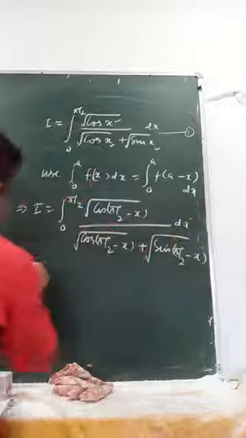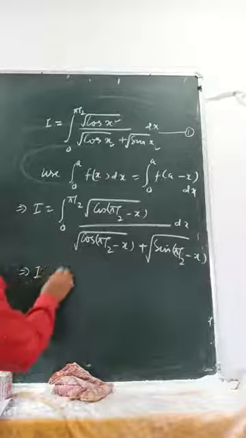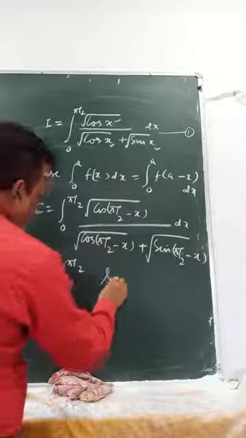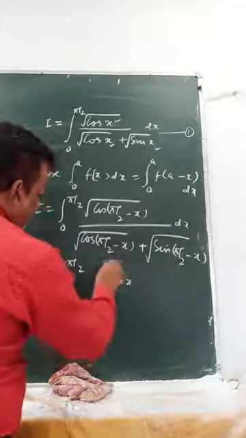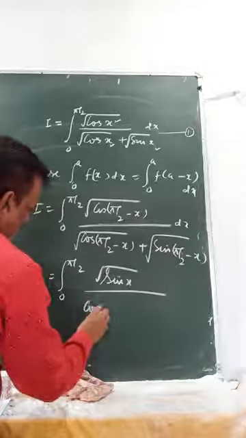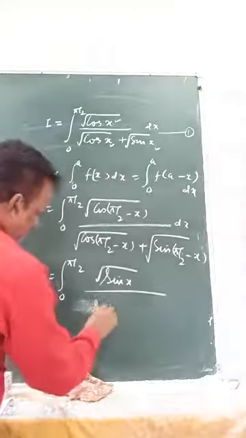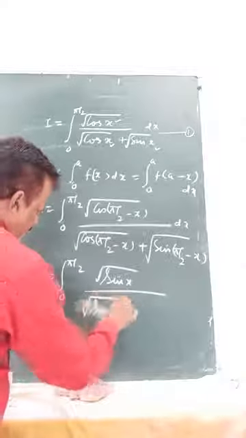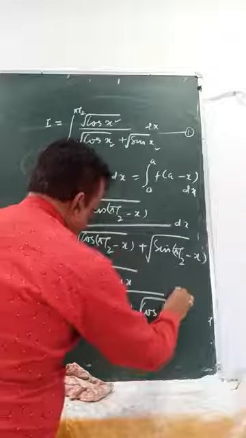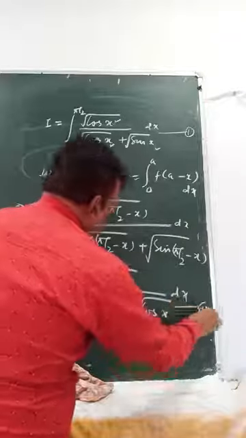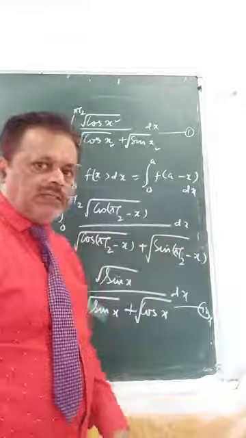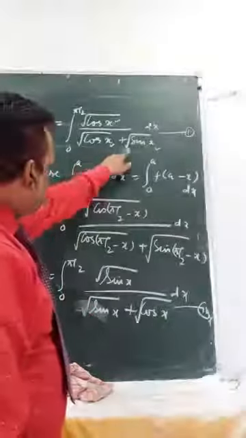So one more line: I equals integral from 0 to pi by 2 of root sin x by (root sin x plus root cos x). This is your equation number 2 after using the formula. Now look here, the denominator is the same.